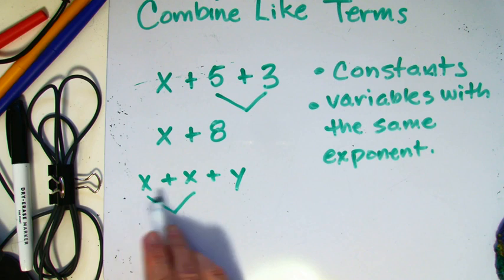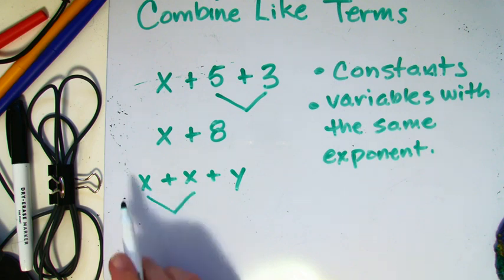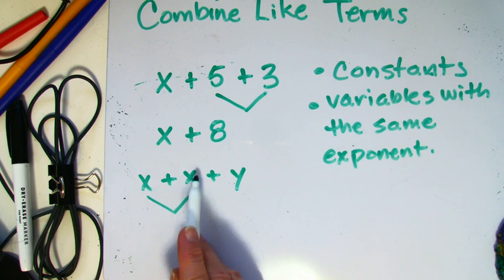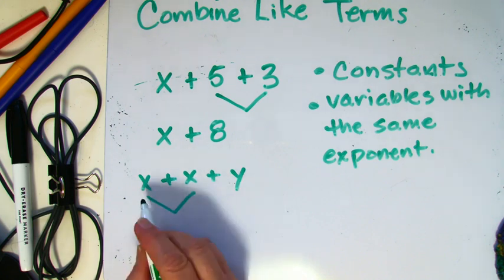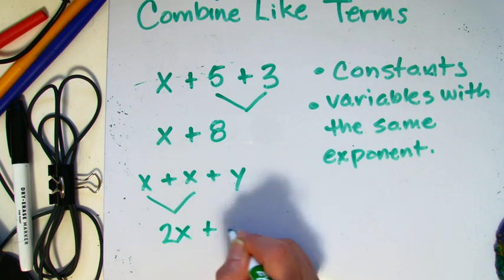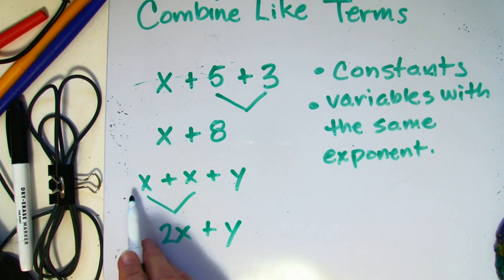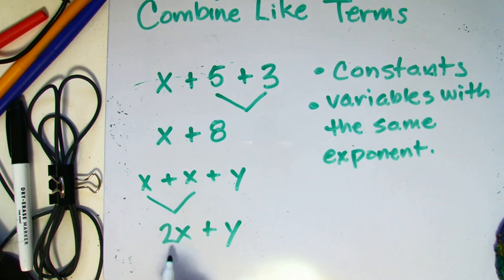Notice they are both x's and they have the same exponent. In this case, there are no exponents shown. We can assume that those are 1s. So we now have 2x plus y. Remember that when a variable does not have a number in front of it, you can assume that's a 1. So 1x plus 1x is 2x.